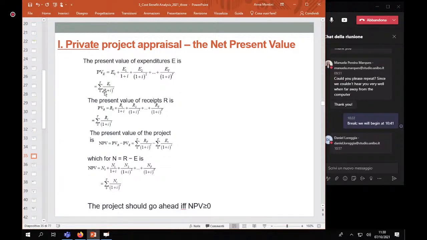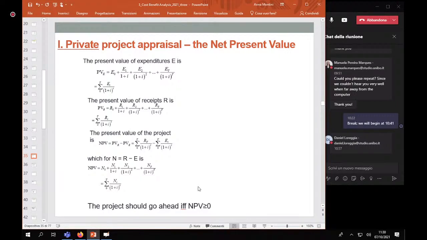Then you can calculate the sum of all the present values. You can do the same for the receipts, and then the net present value of the project is given by the difference between the present value of the receipts and the present value of the expenditure, okay. And the project should go ahead if and only if the net present value is above or equal to 0.